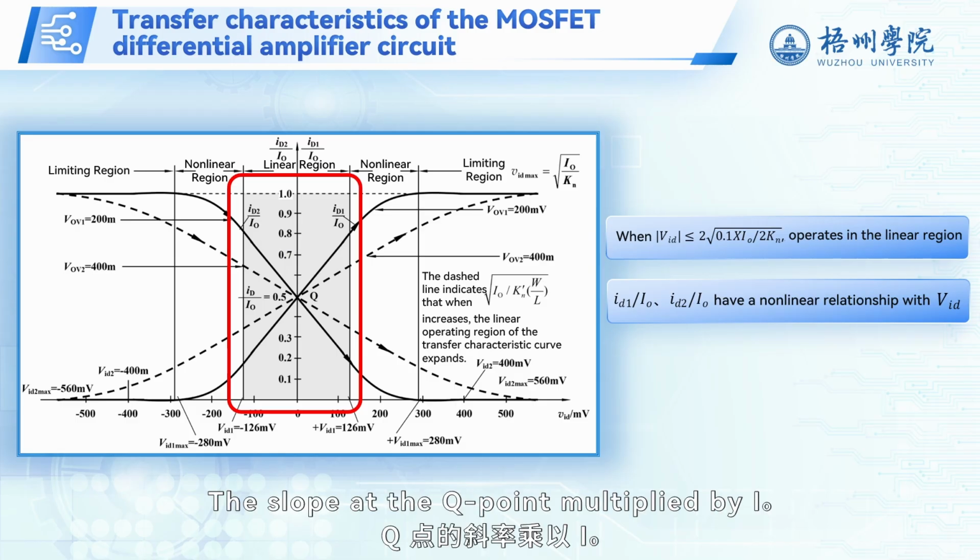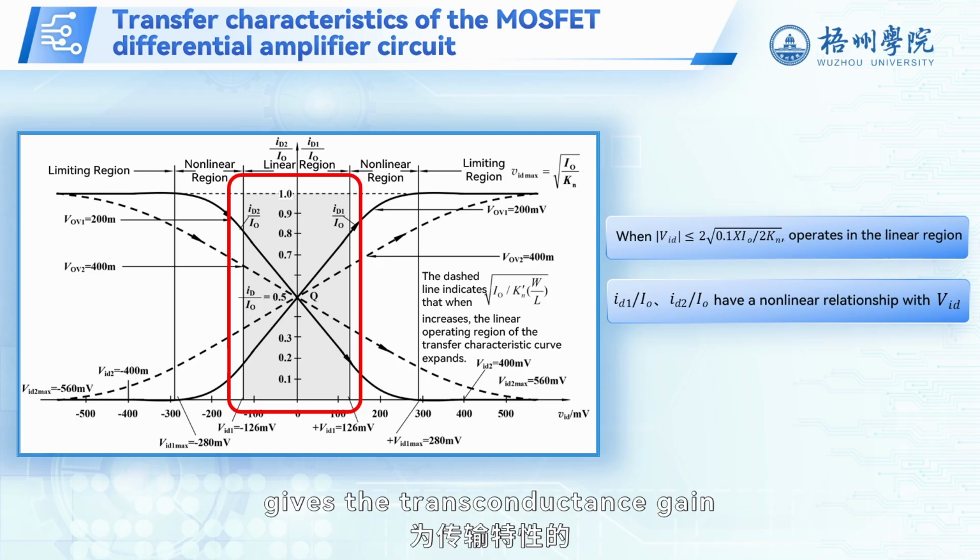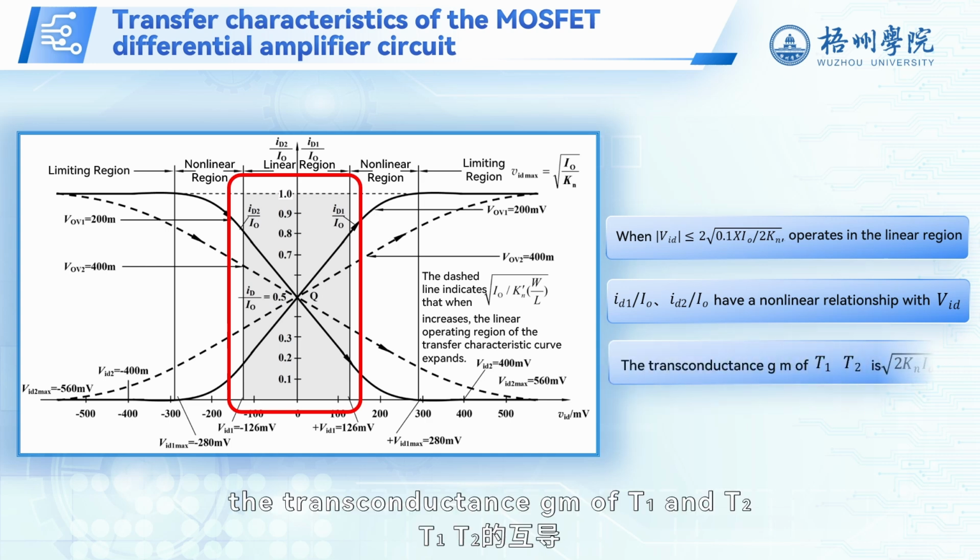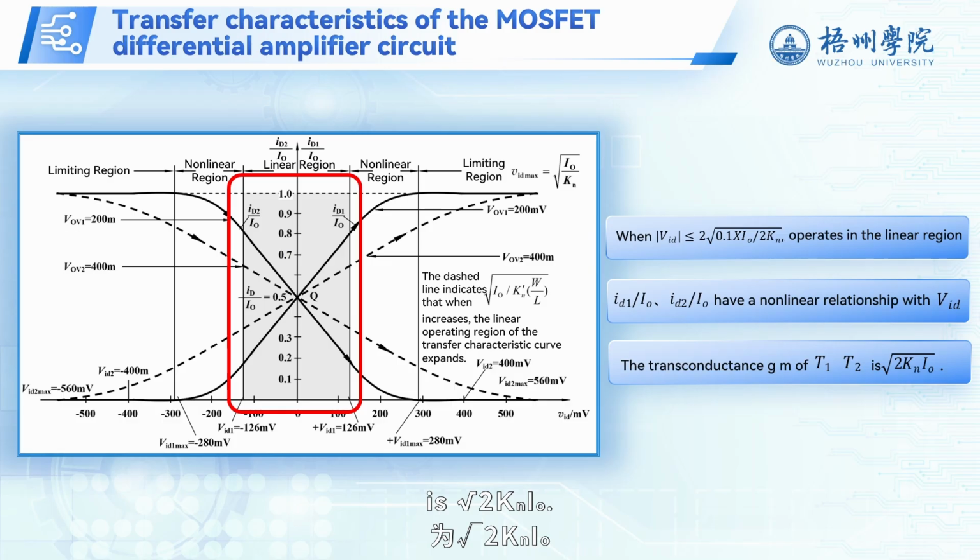The slope at the Q point multiplied by I_O gives the transconductance gain of the transfer characteristic. In the linear region, the transconductance g_m of T1 and T2 is the square root of 2K_N times I_O.